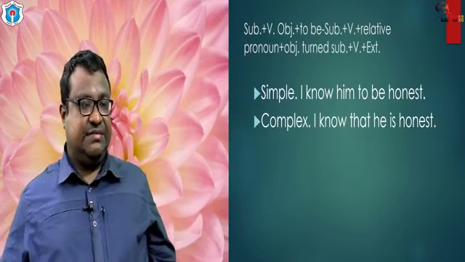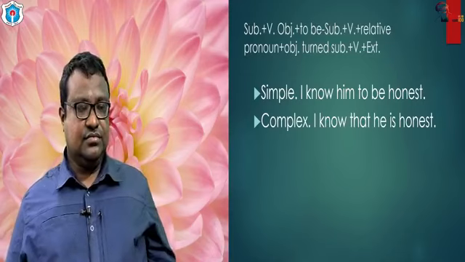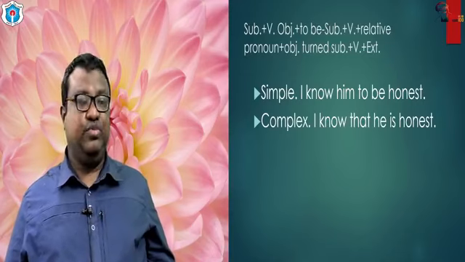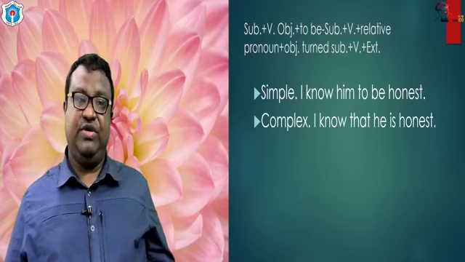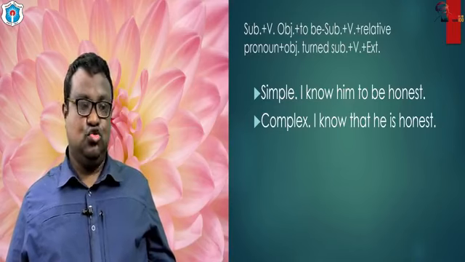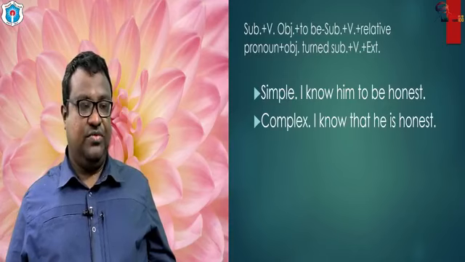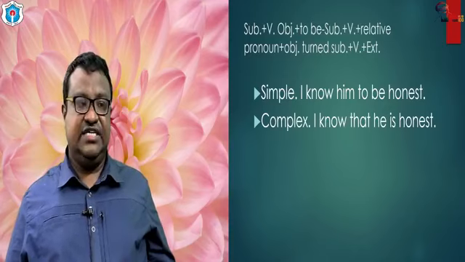Then the next subject is a simple sentence with the phrase to be, not the to be verb, rather to be. I know him to be honest. The simple form will be, I know that he is honest.